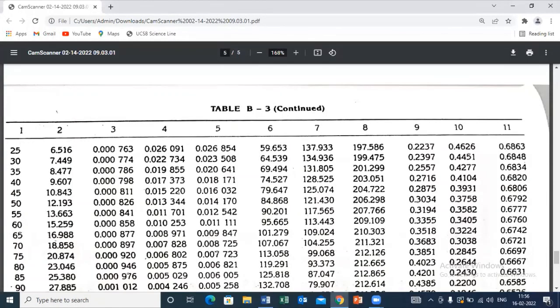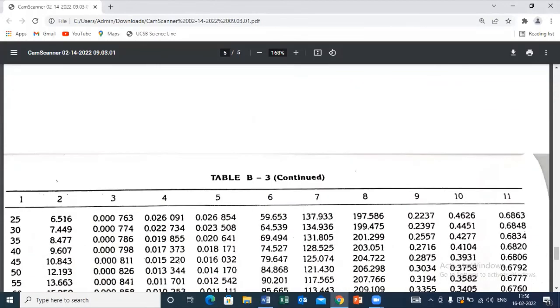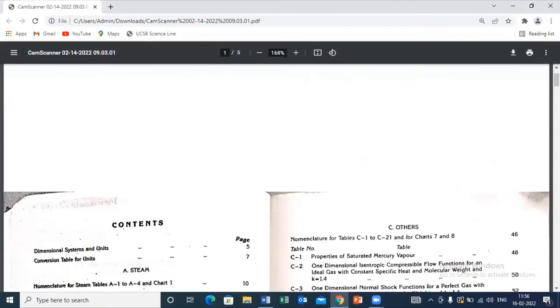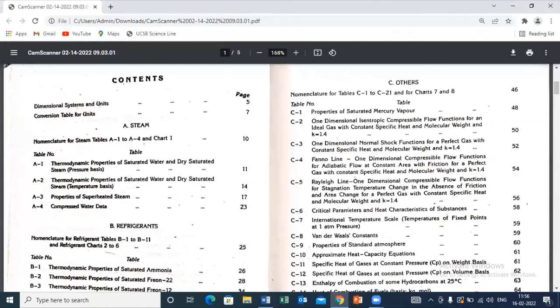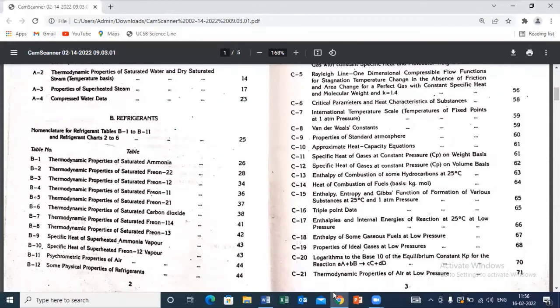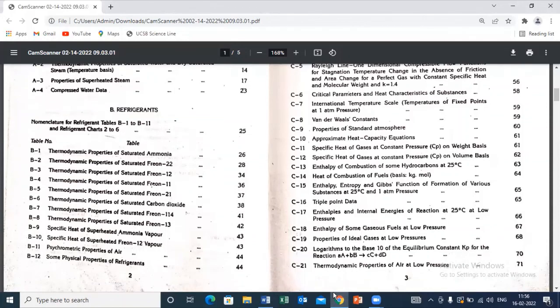Go to the index table first. In the contents table, you will find all the values. Freon 12 is page number 28, then 12, 11, 21, 114, 13, carbon dioxide, all values. Go to the respective page number.